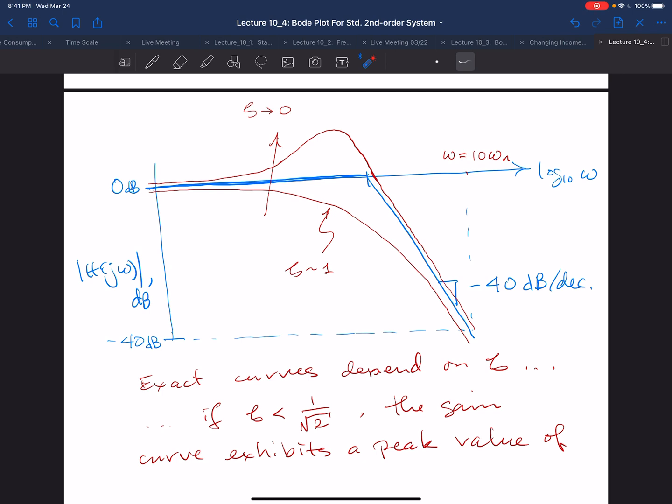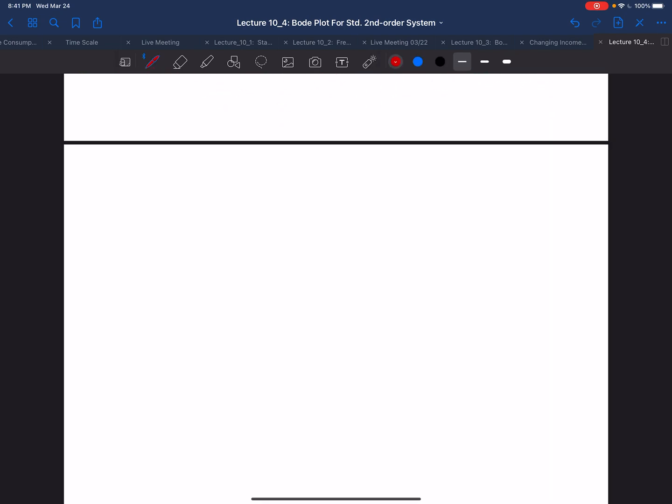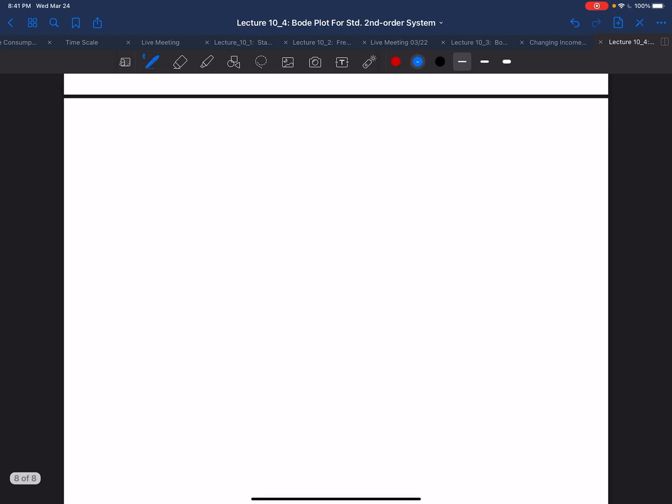Now, obviously, the phase curve as well depends on zeta. But we're going to use a particularly simple approximation for the phase curve. We're going to use, in particular, the approximation that corresponds to zeta being very close to 0.